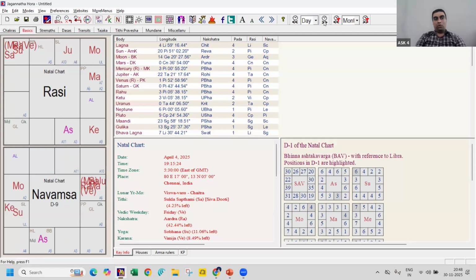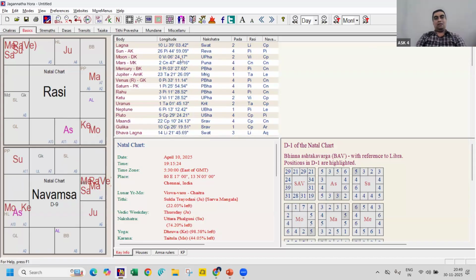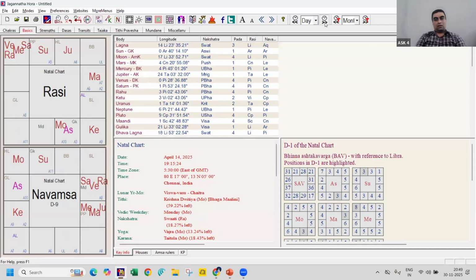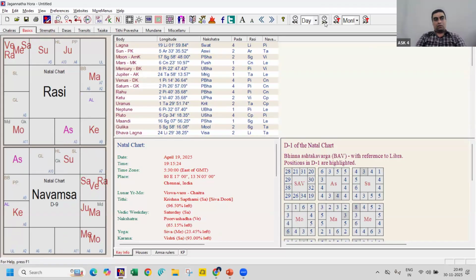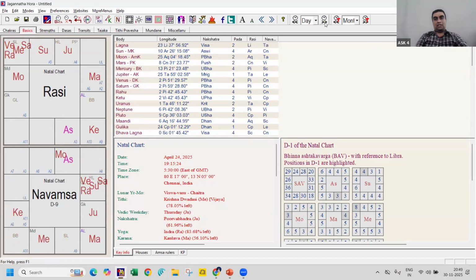Now the moon keeps moving, but by the time it comes back, it will not meet the sun in the same Pisces sign. Let's see that. So you see that the sun has already gone to the next sign, sometime before the moon could catch up.